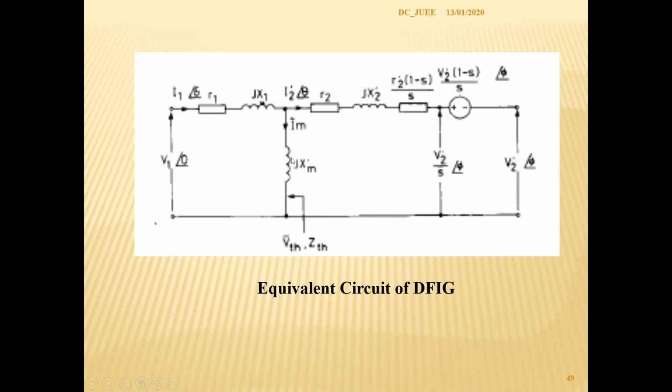If you normalize it to the stator side, the voltage and resistance will be V2 by S, and R2 by S into 1 minus S. So V2 plus V2 by S into 1 minus S, that means it is V2 by S here. If you add them up, R2 by S into 1 minus S plus R2 gives R2 by S.